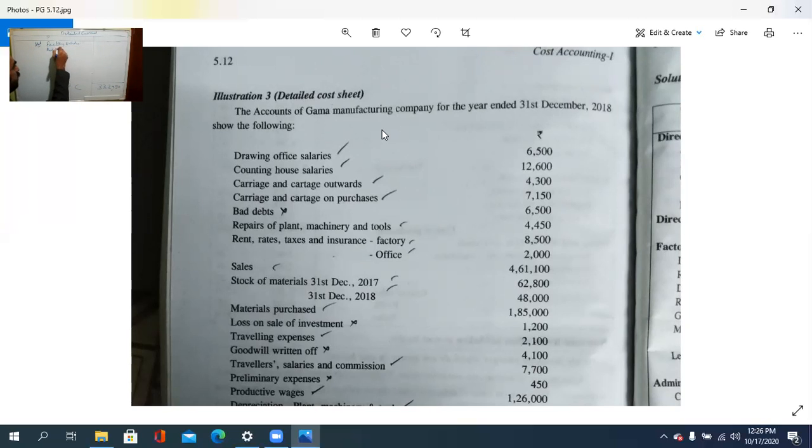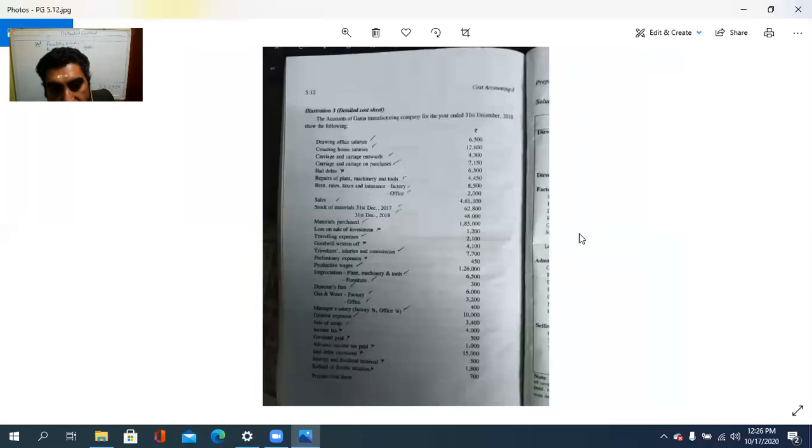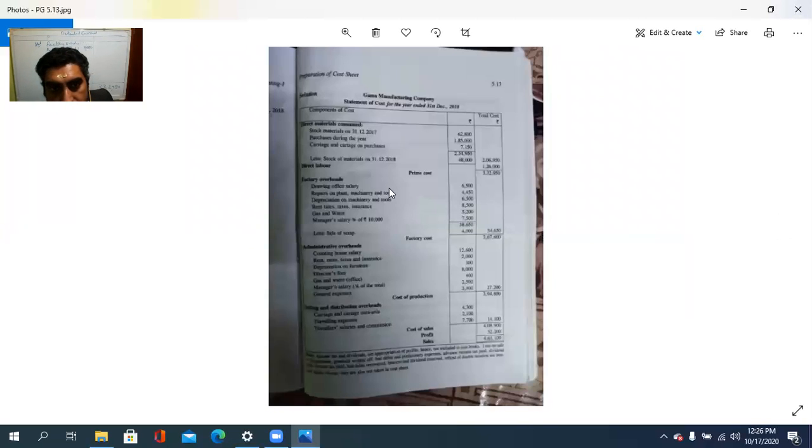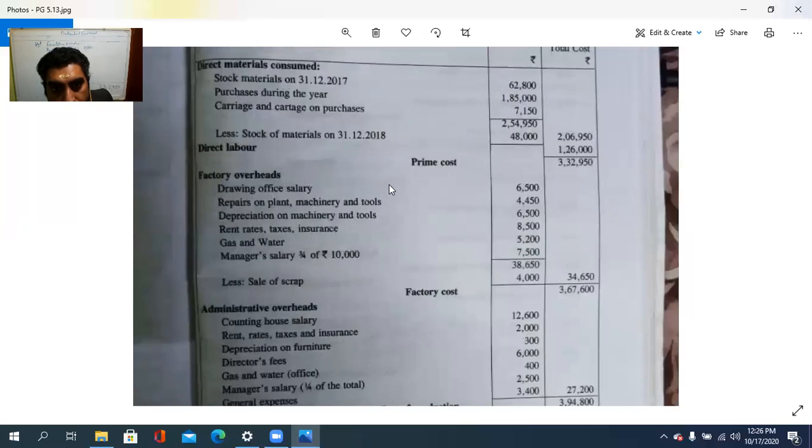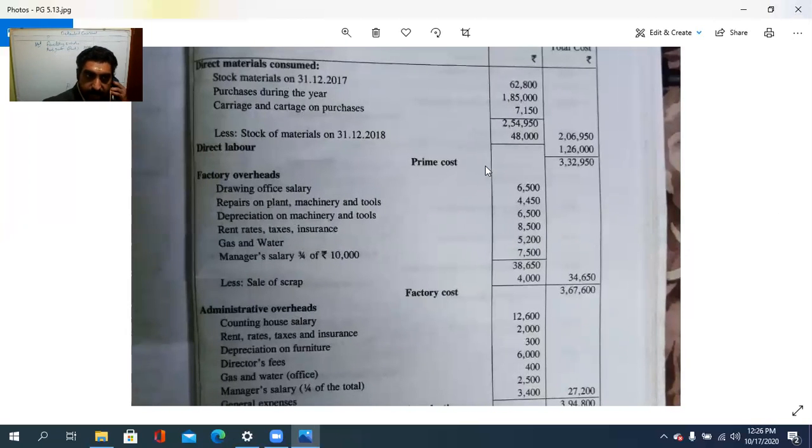Rent, rates, that is factory, how much is it coming? 8,500. Then counting house salary, I think that also comes here. Drawing office salary, it is there. How much is it? 6,500.